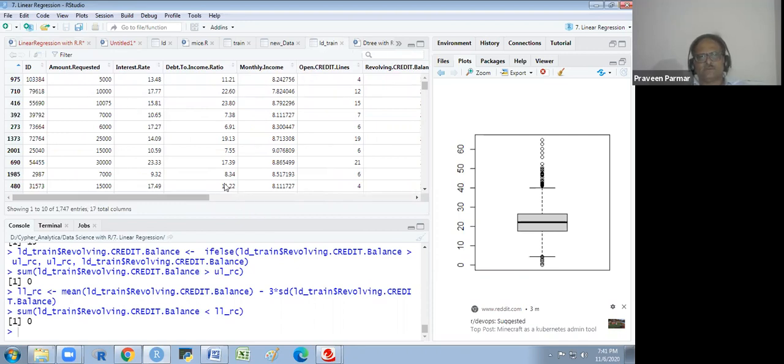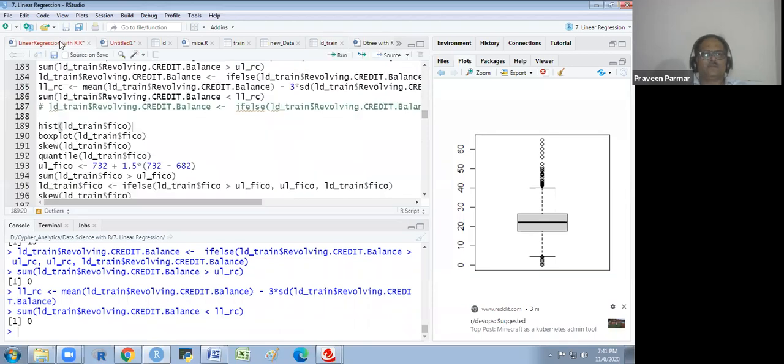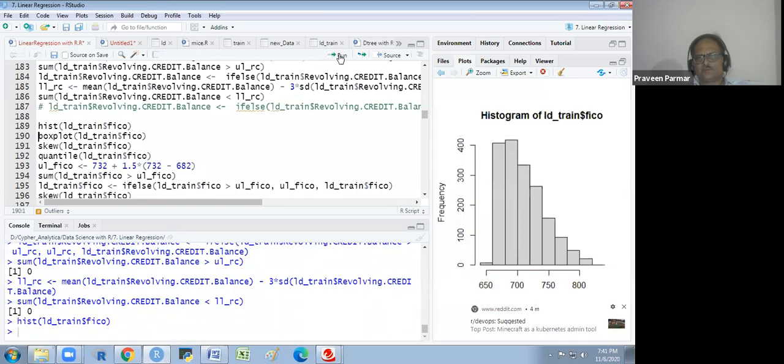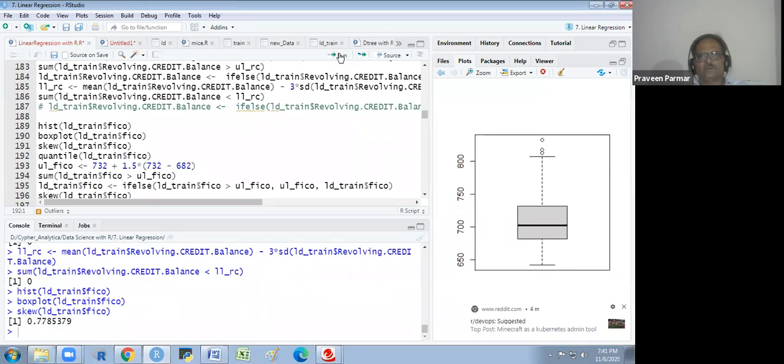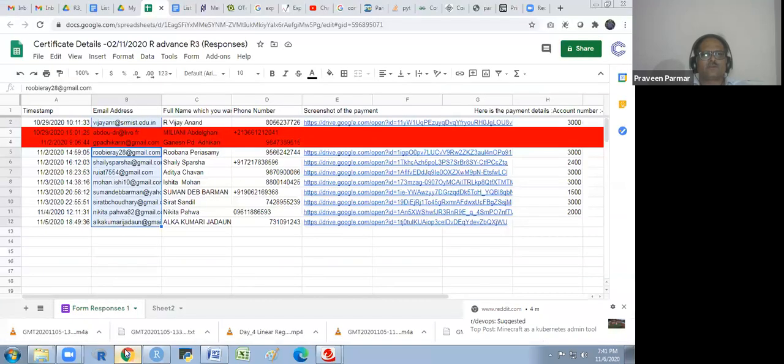For all of these we have controlled the outliers. Now I see the histogram of this. So I think there are few. And I see the skewness is what? The skewness is positive, skewed.